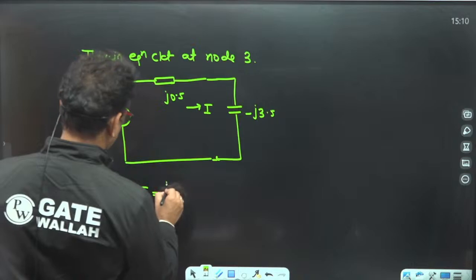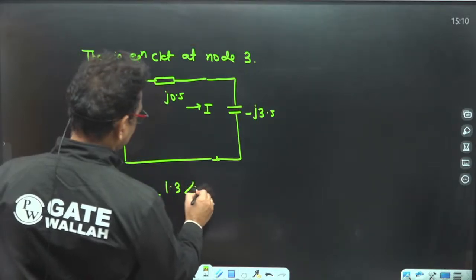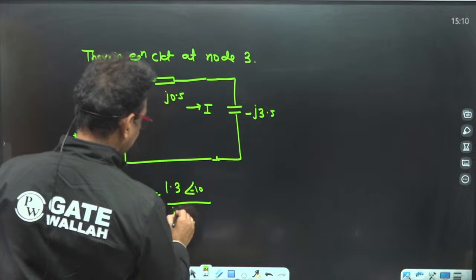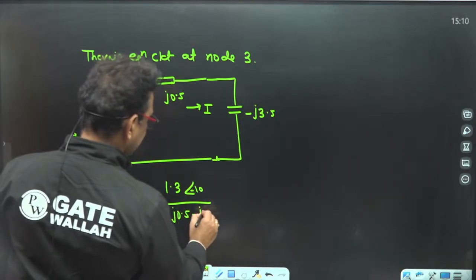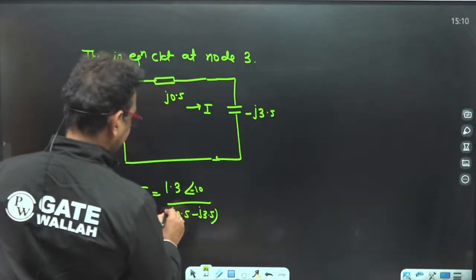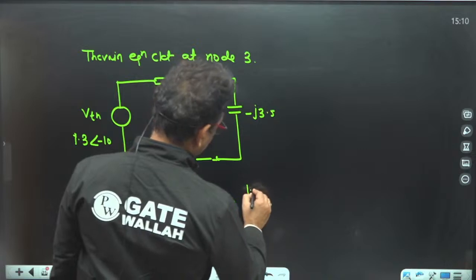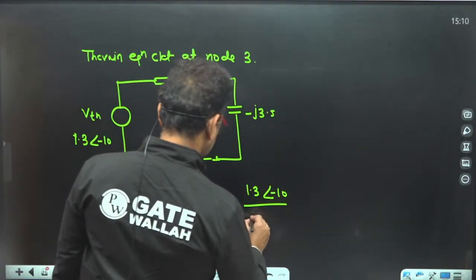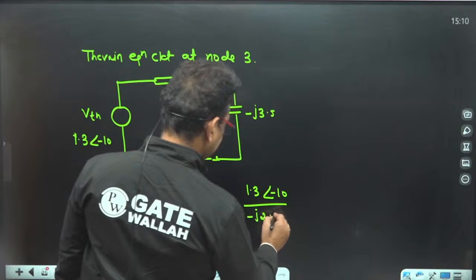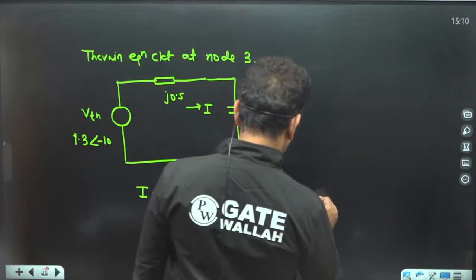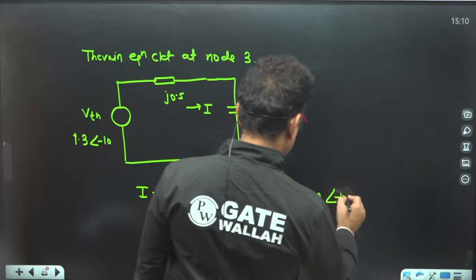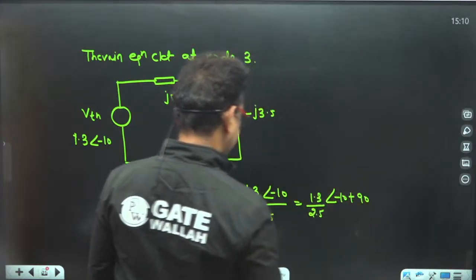It is 1.3 angle of minus 10 degrees divided by J0.5 minus J3.5. So 1.3 angle of minus 10 degrees divided by minus J2.5, or 1.3 upon 2.5 angle of minus 10 plus 90 degrees.